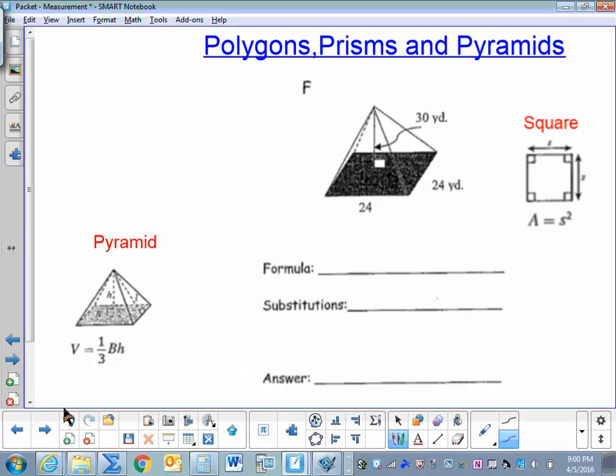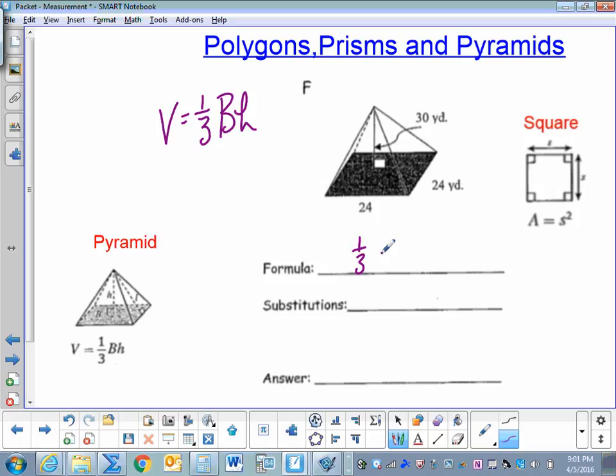Let's try F. So here we have a pyramid. So the volume of that, since it's a pyramid, is going to be 1/3 the area of the base times the height. So 1/3, and the base is a square.